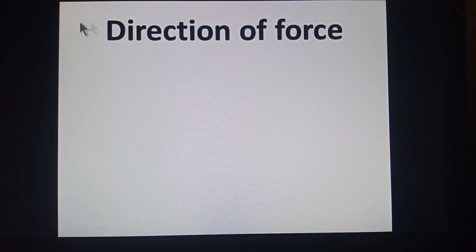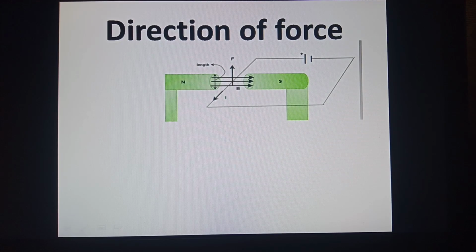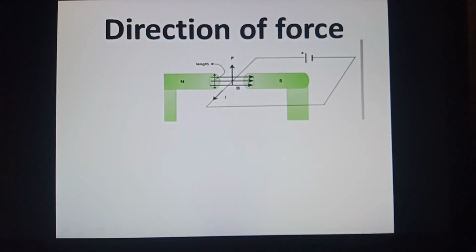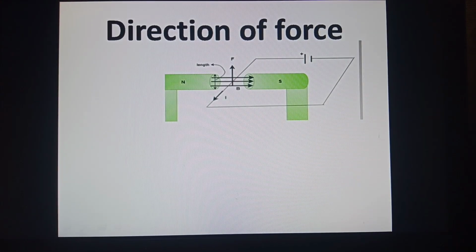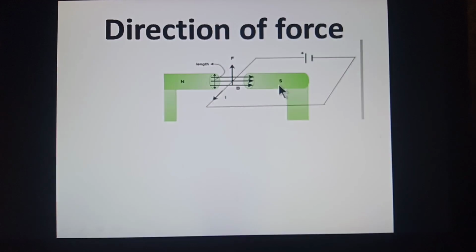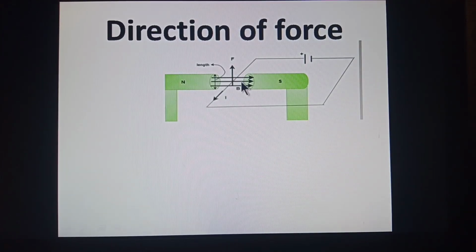Now students, what will be the direction of this force, the direction of magnetic force? To find the direction of magnetic force, there are different methods, and one is called palm rule and the other is called Fleming's left hand rule. Let us discuss them one by one. Consider again a magnetic field due to poles of a magnet.